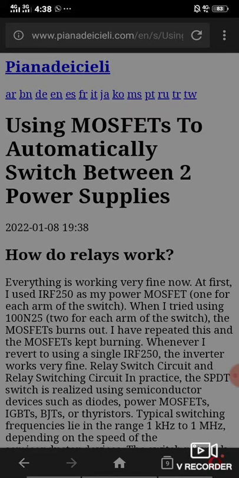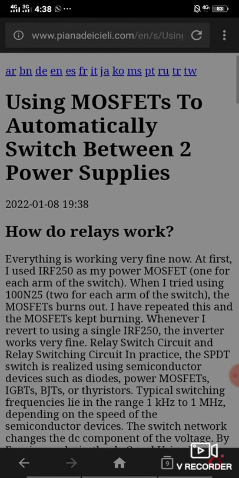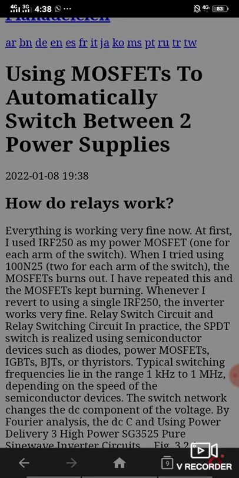At first I used IRF 250 as my power MOSFET, one for each arm of the switch. When I tried using the 100 and 2 for each arm of the switch, the MOSFET burns out. I have repeated this and the MOSFET keeps burning. Whenever I revert to using a single IRF, the inverter works very fine.